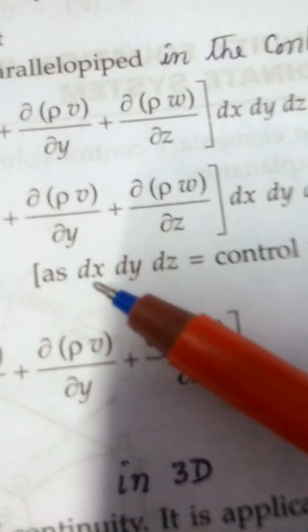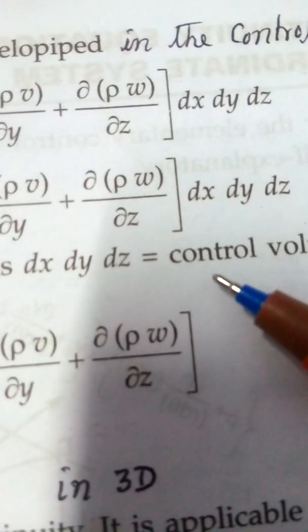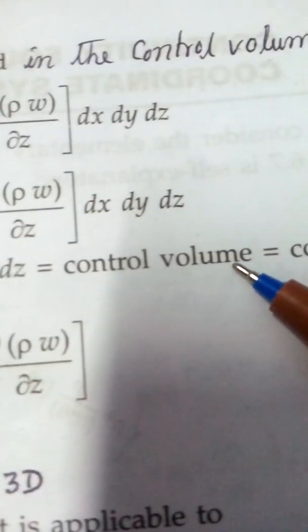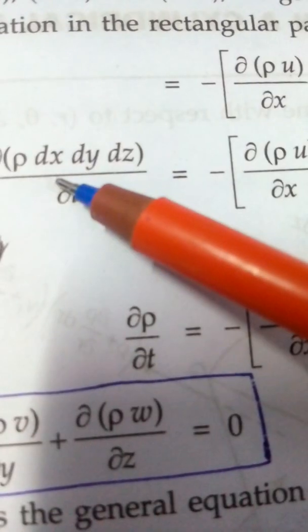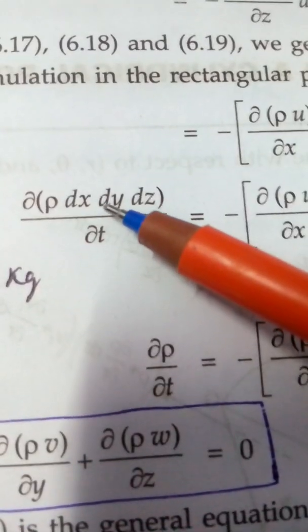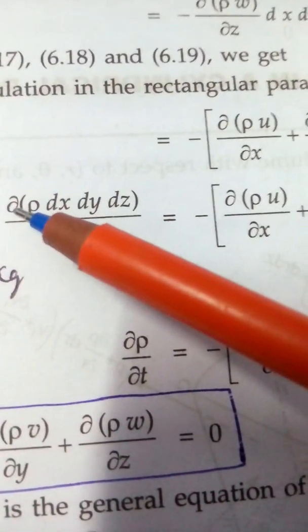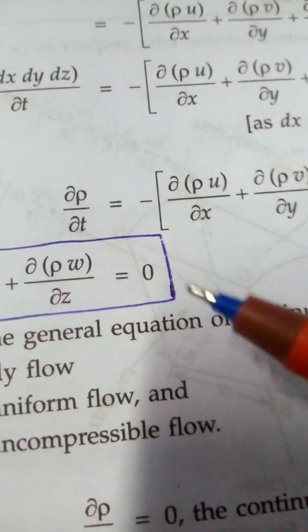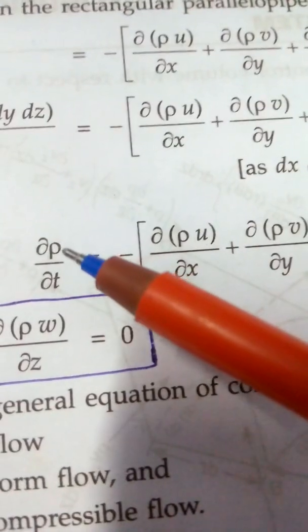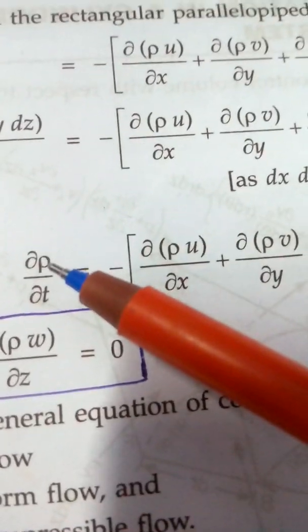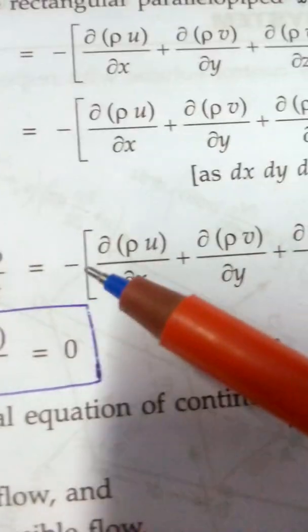Now dx dy dz is the control volume, and it is constant. So we can take dx dy dz outside the partial derivative, and it will cancel out from both sides. So the remaining part is minus del rho by del t will be equal to this.